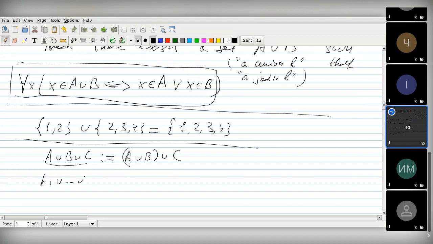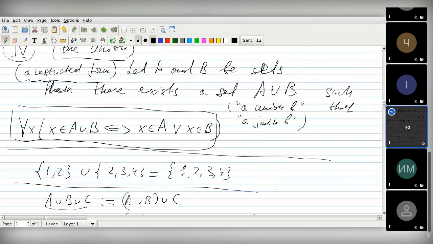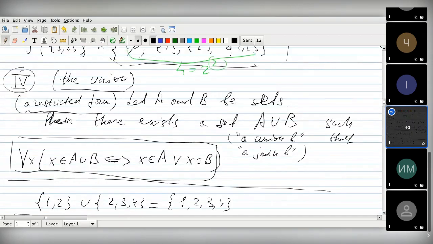For n sets, it is just A1 union A2, union A3, and so on. A little bit later, we shall see that the way you group them using parentheses just does not matter. So this is a restricted form of the union principle.